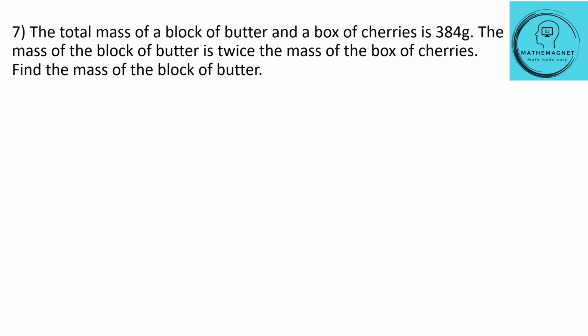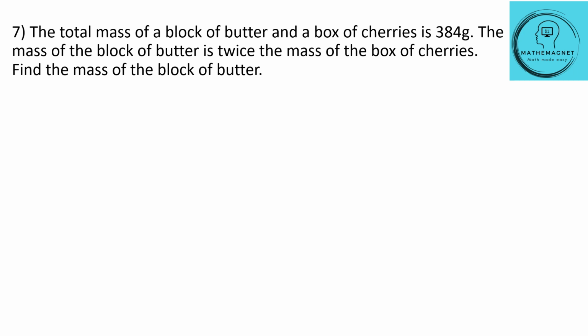Question 7. The total mass of a block of butter and a box of cherries is 384 grams. The mass of the block of butter is twice the mass of the box of cherries. Find the mass of the block of butter. Here we have been asked to find the mass of the block of butter, but we have got two pieces of information about the block of butter with respect to the box of cherries.